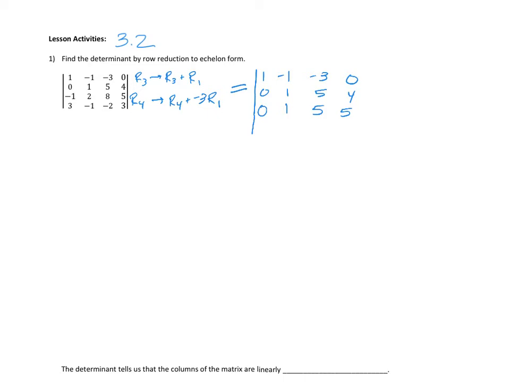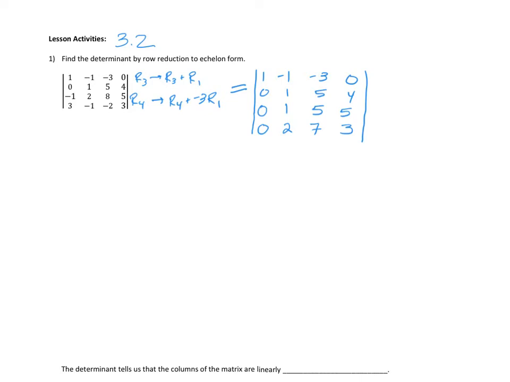Row 4 is row 4 plus -3 times row 1, so I get 0, then -3 times -1 is 3, plus -1 is 2. Then 9 plus -2 is 7, and 0 plus 3 is 3. All right, so now I have column 1 taken care of.